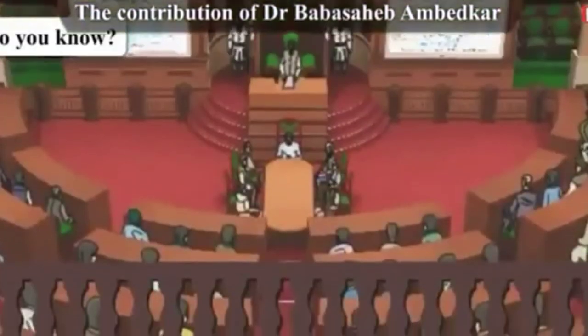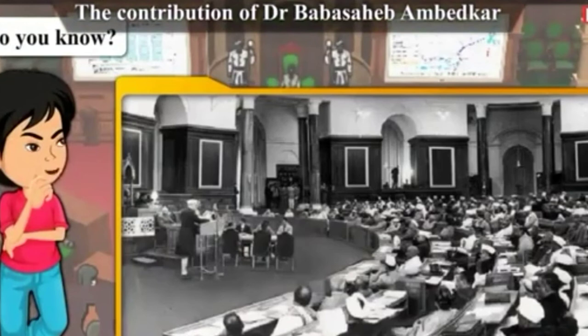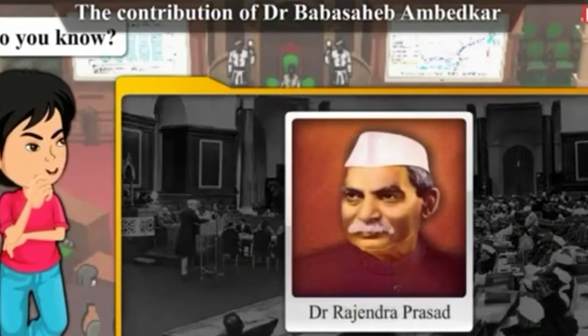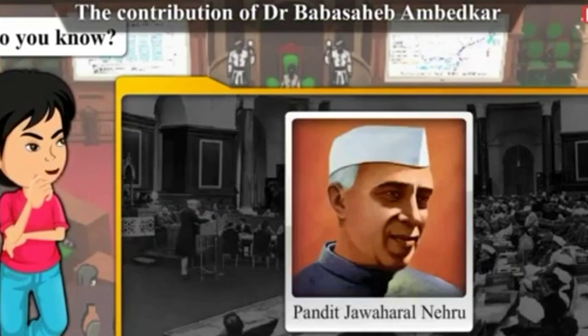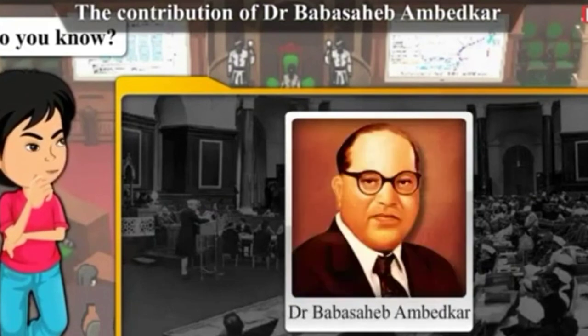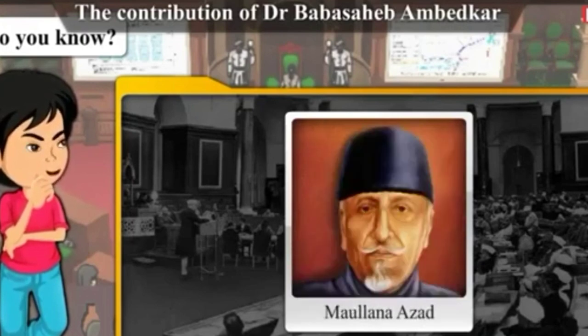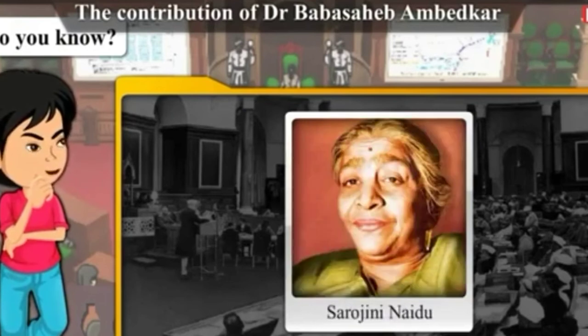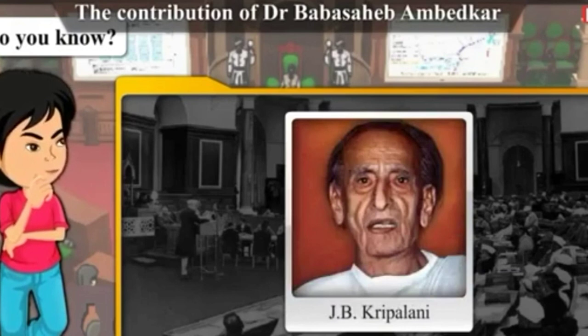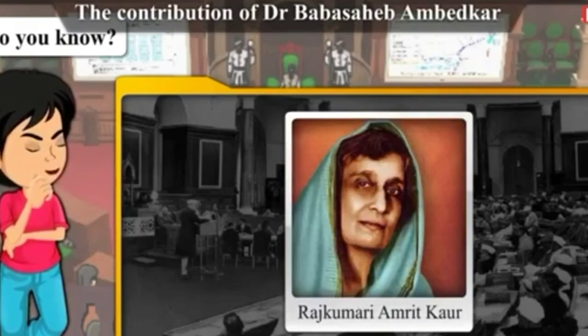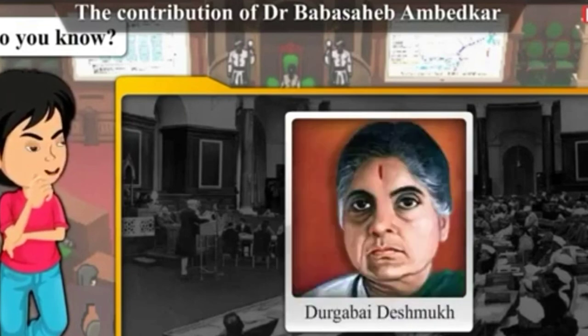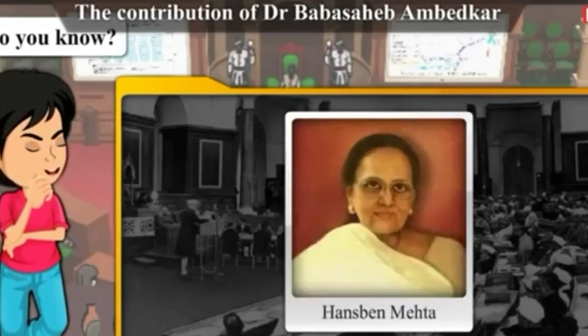Some of the well-known members of the Constituent Assembly were Dr. Rajendra Prasad, Pandit Jawaharlal Nehru, Dr. Babasaheb Ambedkar, Sardar Vallabhbhai Patel, Maulana Abul Kalam Azad, Sarojini Naidu, J.B. Kripalani, Rajkumari Amrit Kaur, Durgabai Deshmukh, Hansaben Mehta, and others.